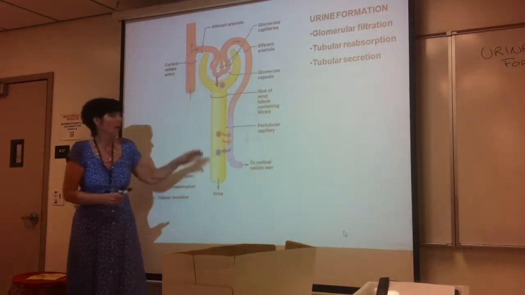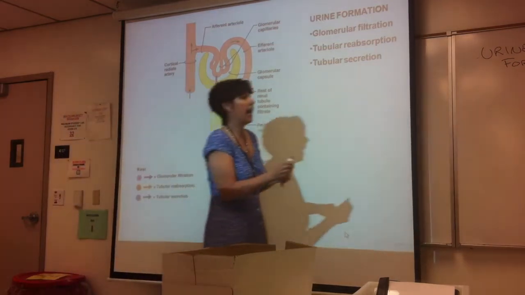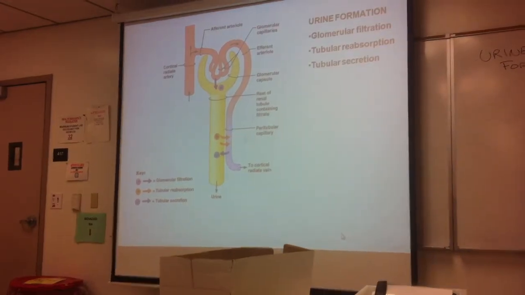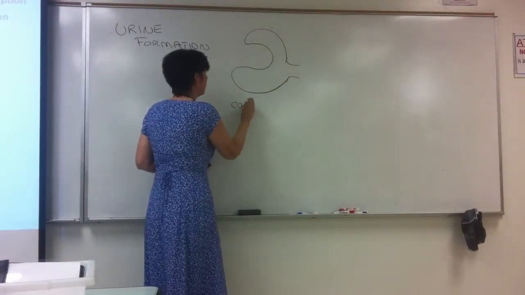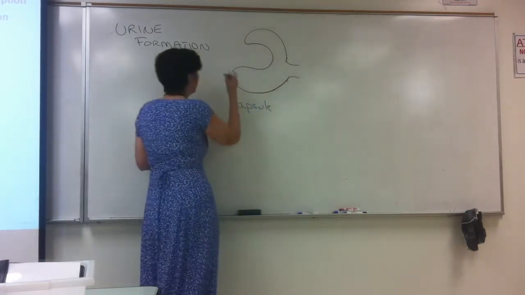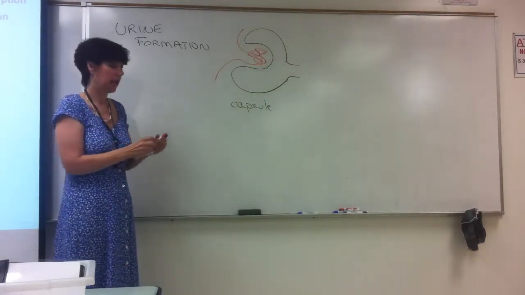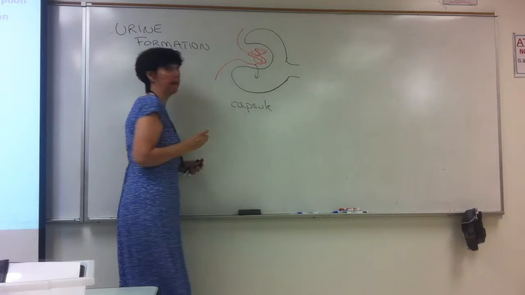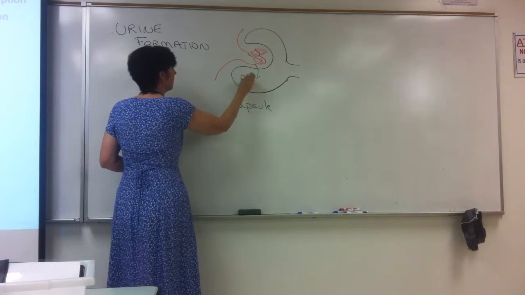And so these are the three steps that we're going to start looking at today. So if we look at the origin of our basic nephron, it starts out as the glomerular capsule. And within that capsule, we have our capillary. And so the process by which material is moved out of the capillary into the capsular space is known as filtration.